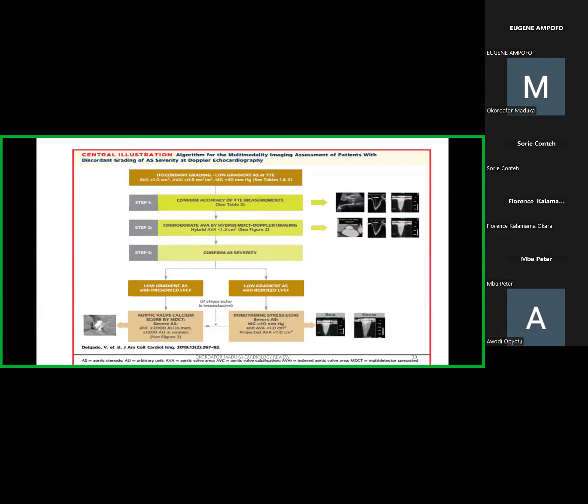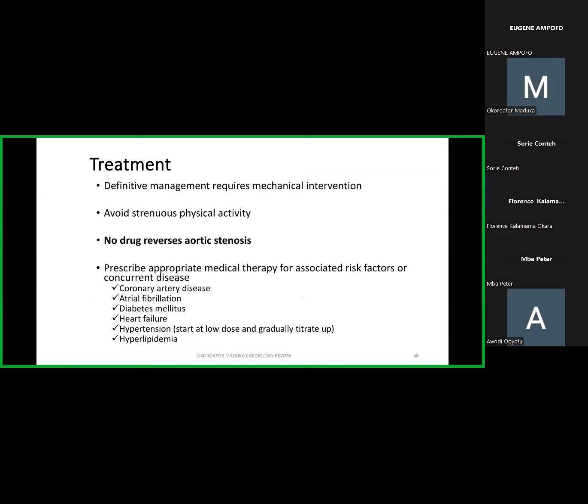So this is just what I've also talked about, how you determine if a patient has low flow, low gradient, severe symptomatic aortic stenosis, and how you go about determining if the patient has true severe aortic stenosis. The definitive management requires mechanical intervention.